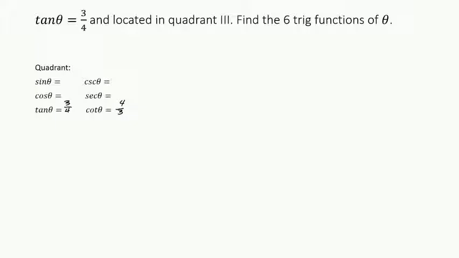And it's also telling us this is quadrant 3. So knowing that, we're going to have 2 negatives. So that means everything except the tangent and the cotangent is going to be negative. So we can go ahead and put those in so we don't forget them.